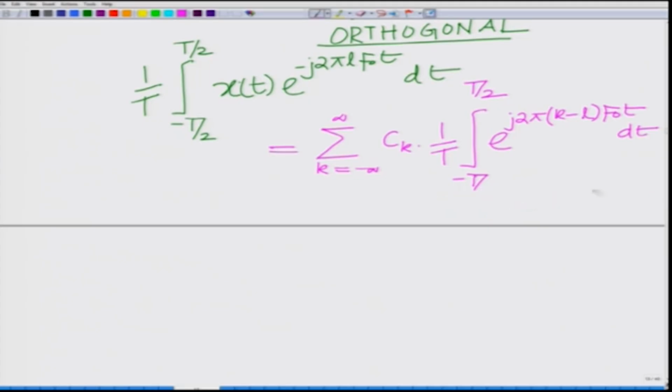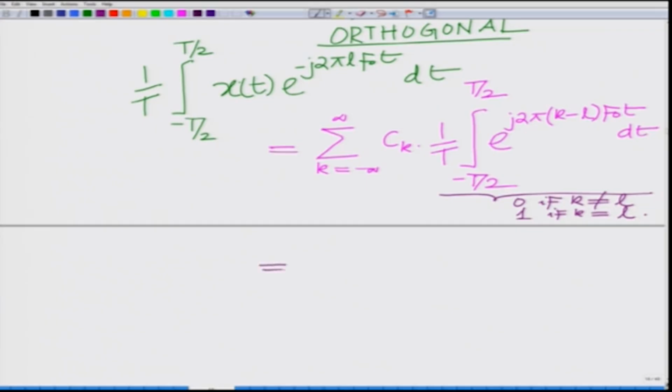This integral is 0 if k is not equal to L, and non-zero if k equals L. So it is going to survive only when k equals L. Only the term corresponding to CL is going to remain.